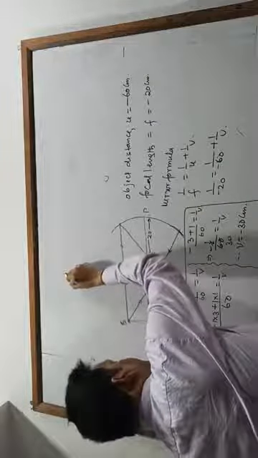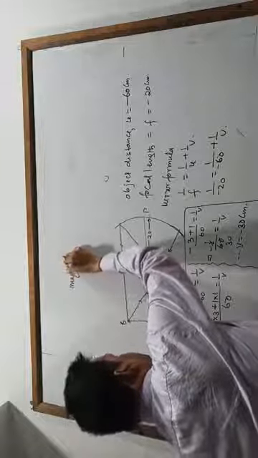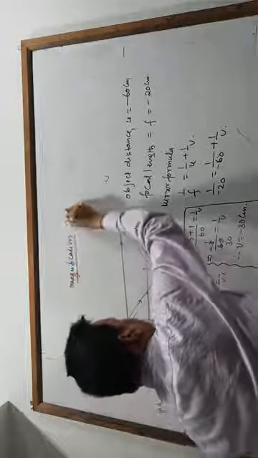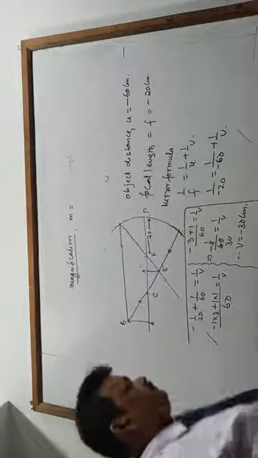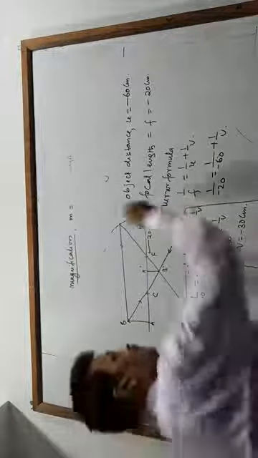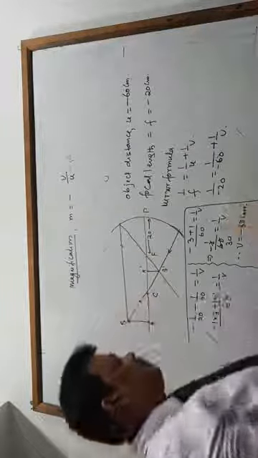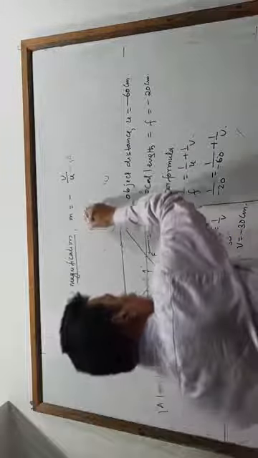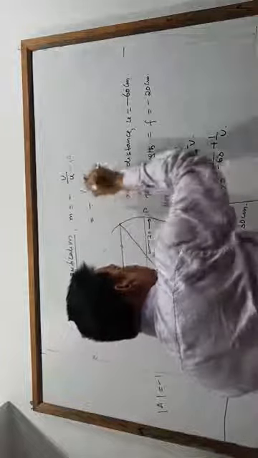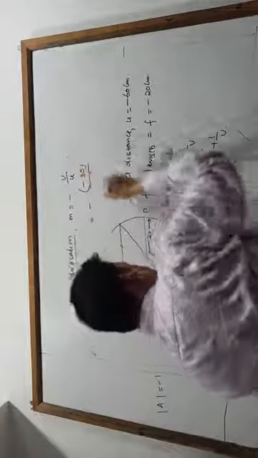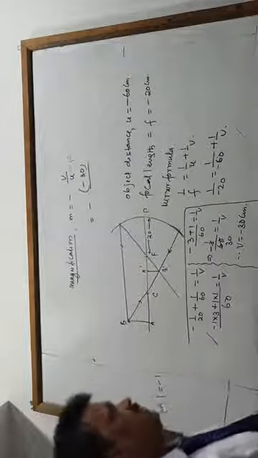The magnification m is minus v by u, because u and v are given. So minus the value of v, minus 30, and the value of u, what is u?